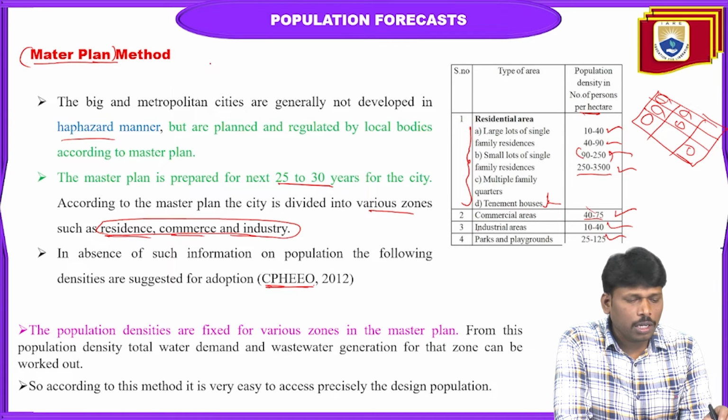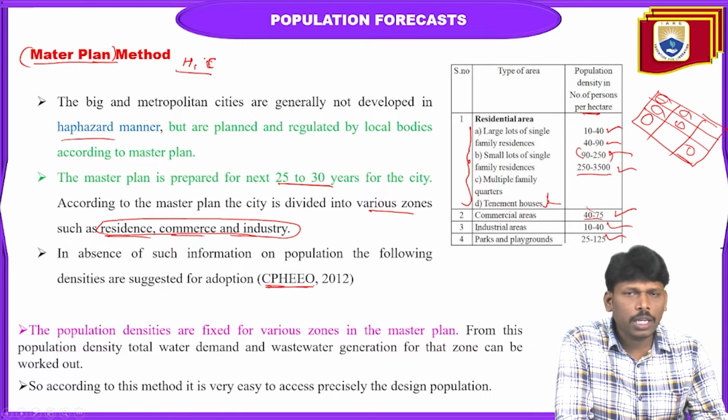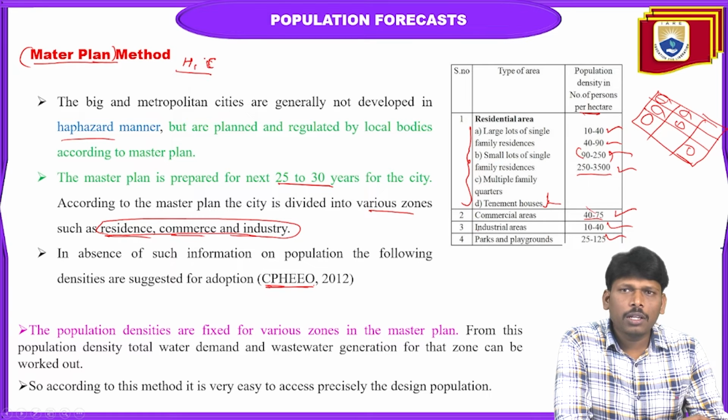Actually, in India presently we have two cities only planned according to the master plan. Those are Haryana and Chandigarh. If you plan any city according to this master plan, we can easily predict the population compared to other methods.